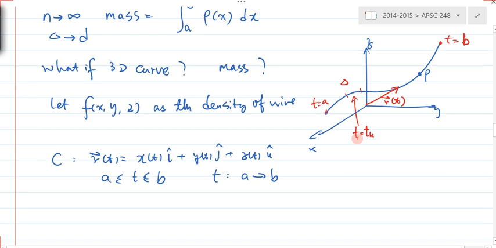For that point, I get x of tk, y of tk, and z of tk, that's the position. And this segment is very small, so I'm going to call its arc length delta sk.